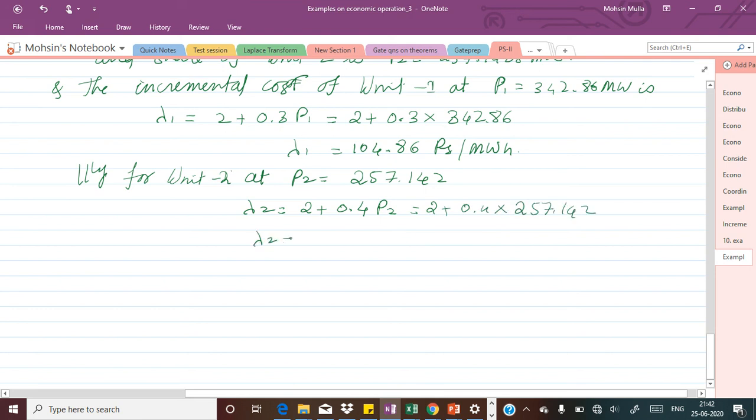So here again lambda 2 is going to be 104.86 rupees per megawatt hour.